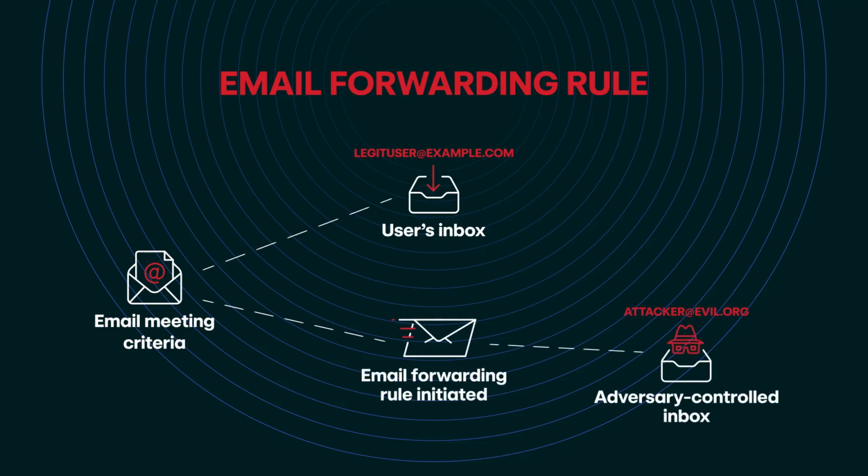This is a good way for adversaries to make a complete copy of a mailbox with ongoing new emails coming into that mailbox without having to go back and continually log in to that victim's mailbox and risk further detection. Every time they log into this user's mailbox, they risk getting detected by the blue team. So they set up the rule, set it and forget it, and get their email sent to an adversary-controlled email address.